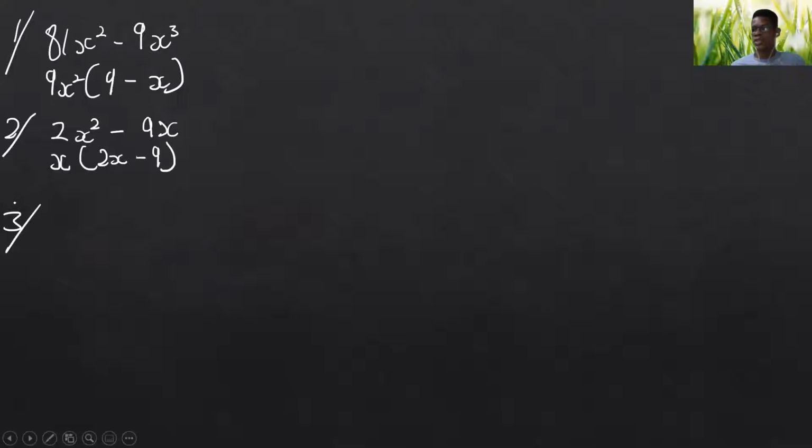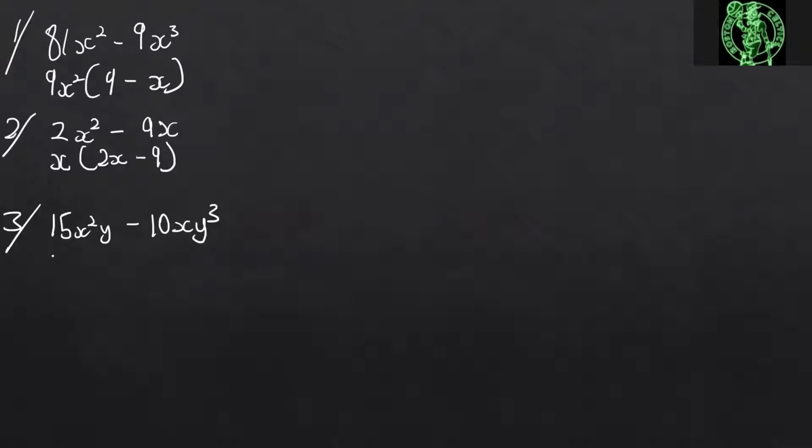I'm using the class to double check the answers. Highest common factor is 5. Just 5? 5xy. Bracket 3x negative 2y.